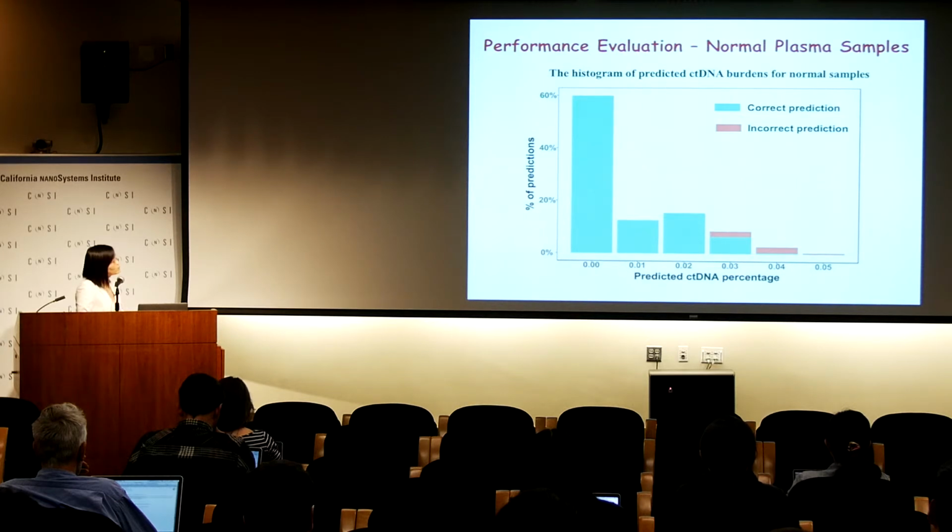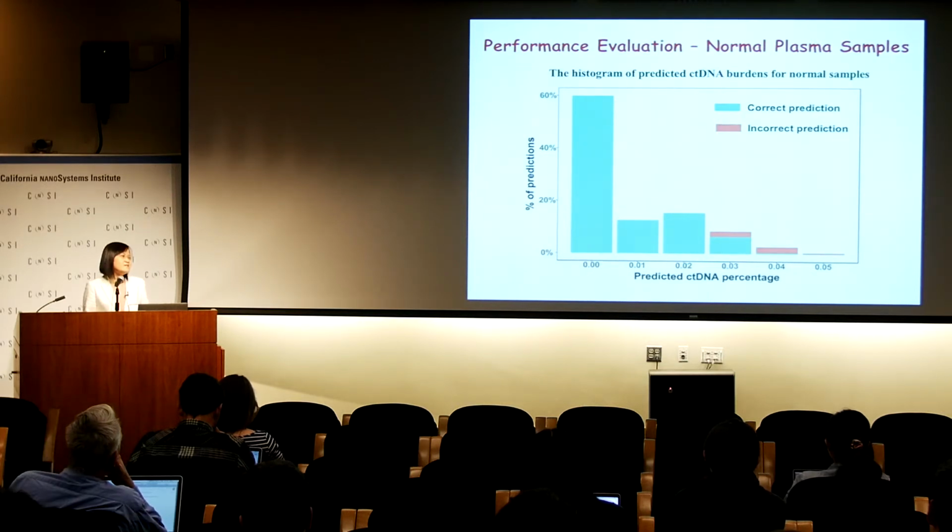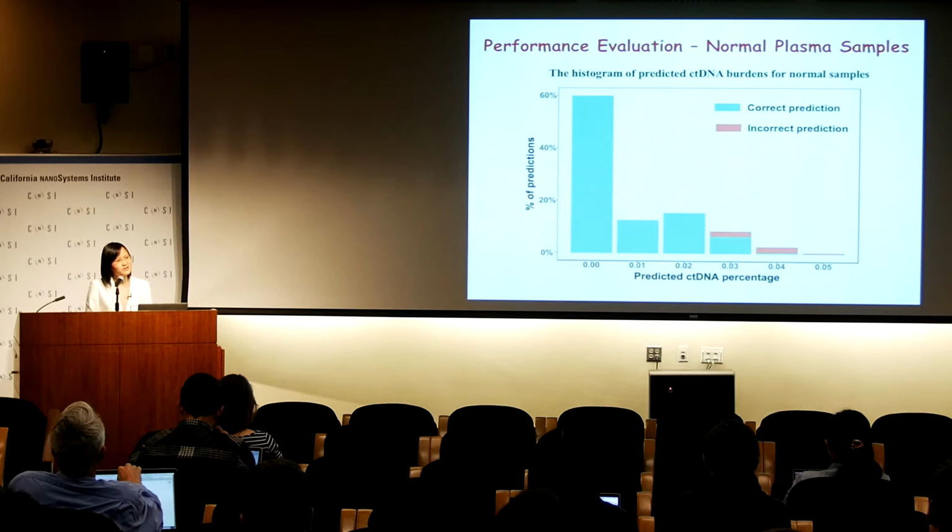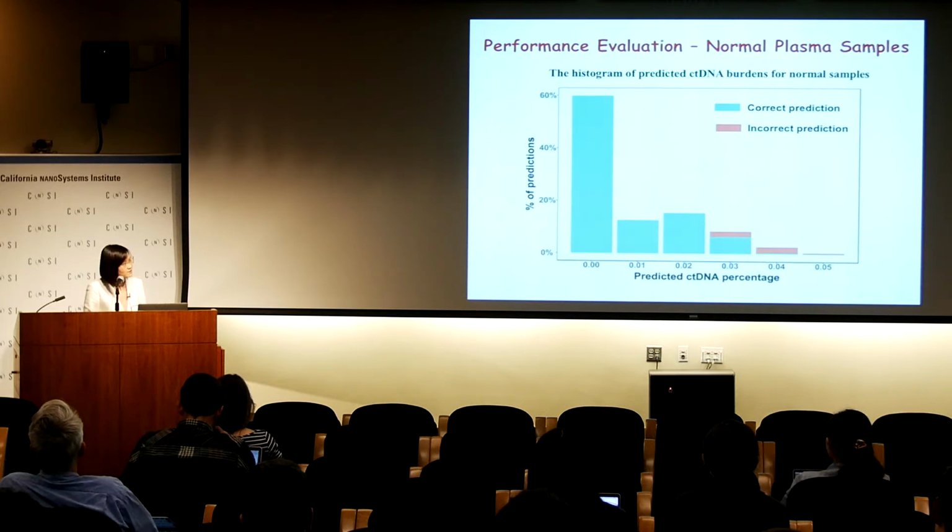We count this as an incorrect prediction. However, realistically, we feel that even in the normal population, there are probably people who have some features of the tumor epigenetic pattern, especially because the epigenetic pattern is very dynamic, and cancer pathogenesis is also a fluid process.